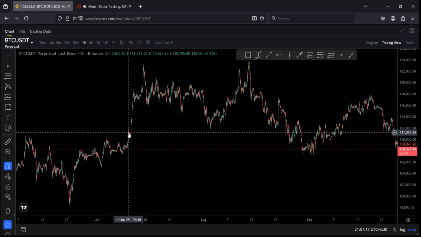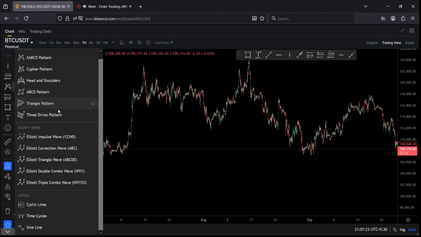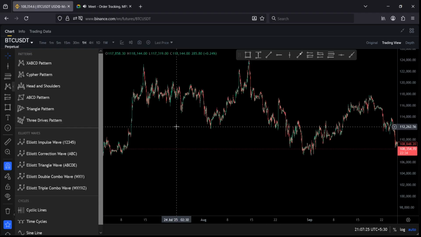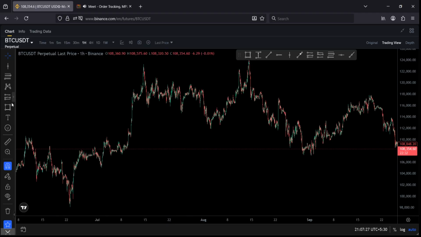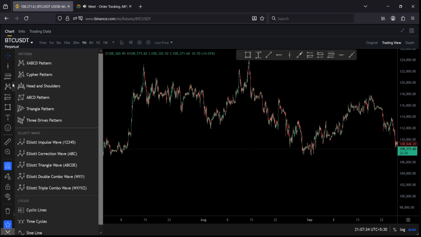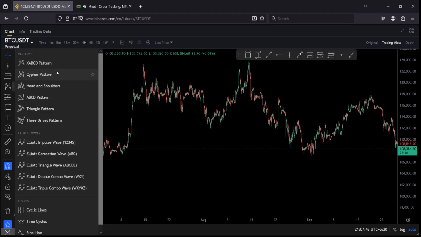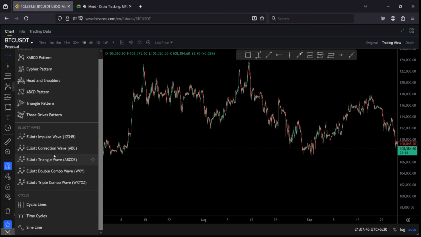So the format will be like, let's find the drawing tool. There was a polygon.